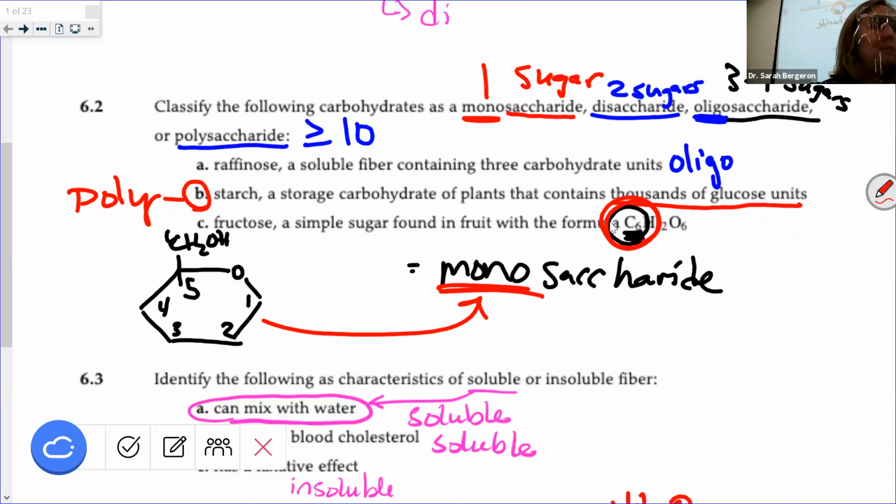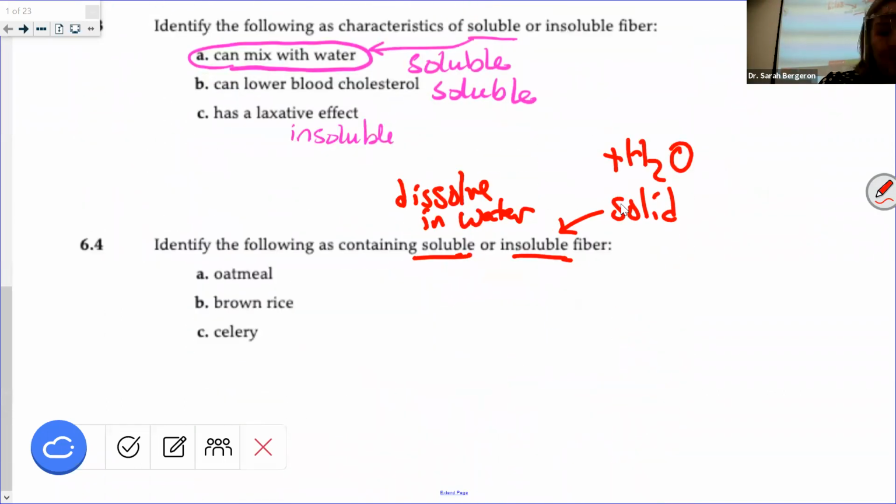They go by sixes or by fives. You can look at the formula and identify them because they have a common formula, kind of like we did with the alkenes and alkanes. Remember that? You have a similar sort of formula with your sugars.